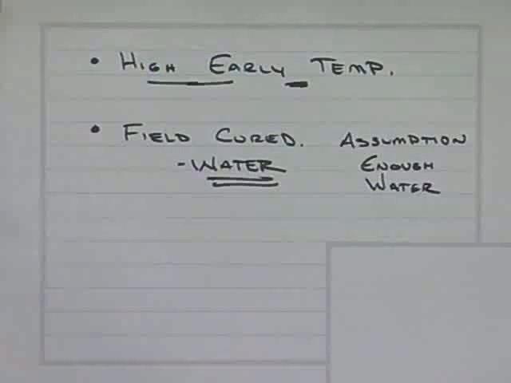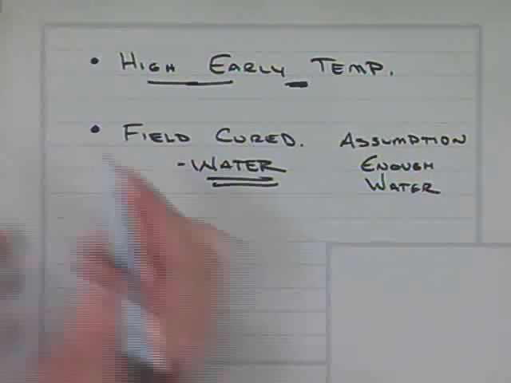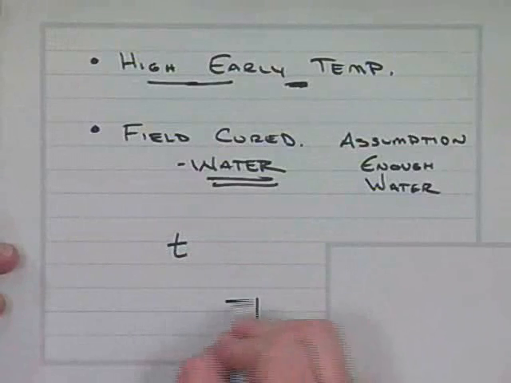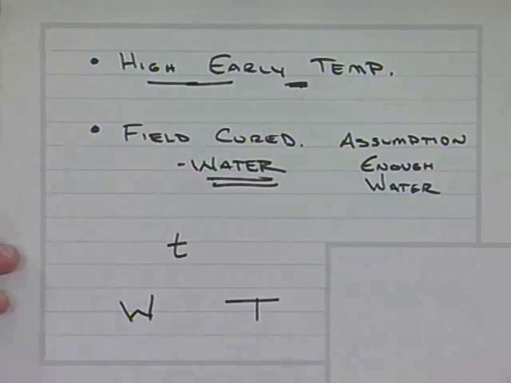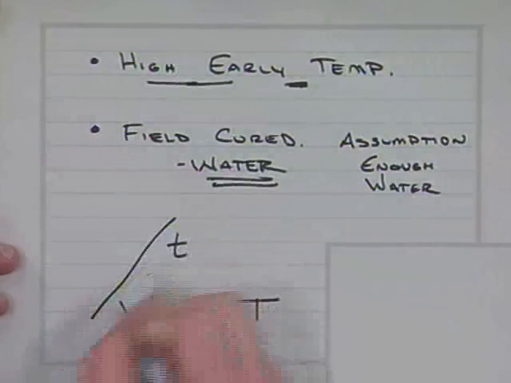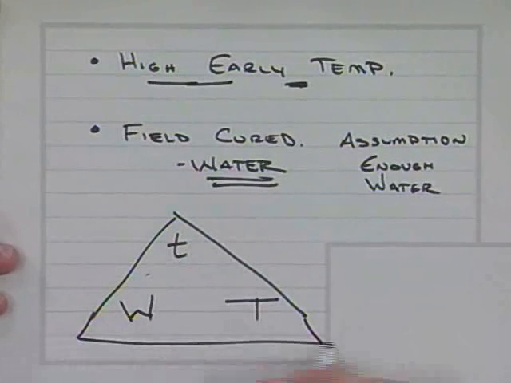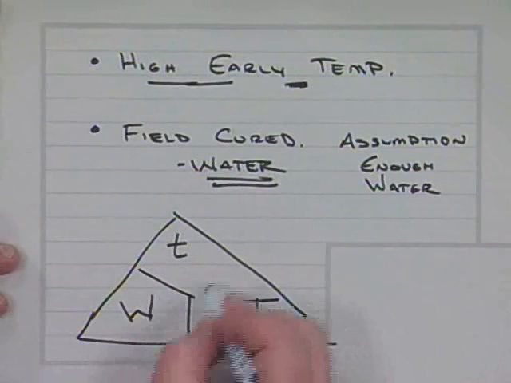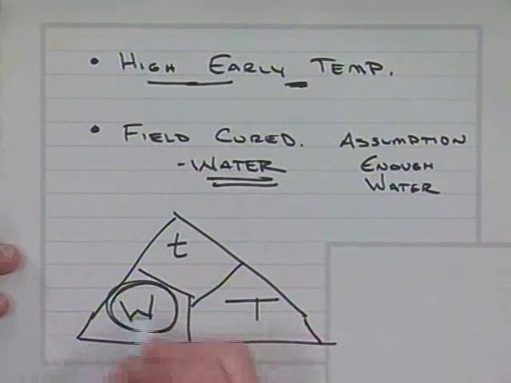So we said that there were three main aspects of curing. We said that time was one, temperature was another, and an adequate supply of water. And we had to have all three of these coming together. Well, we're just going to assume right now that our field-cured concrete has plenty of water.